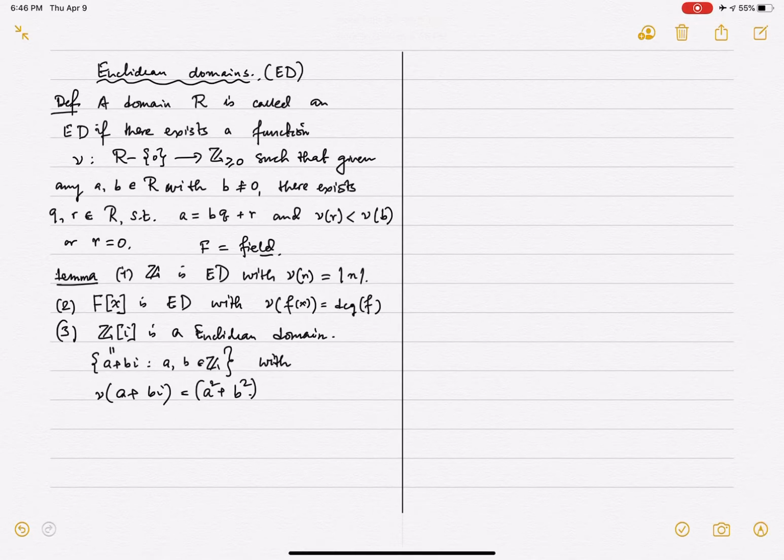So we know part 1 and part 2 already. These follow from division algorithms in these two rings, respectively. We haven't talked about the division in this ring. Maybe we'll do it after a while. Another example would be Z adjoined e to the 2 pi i over 3. But these are rather rare.